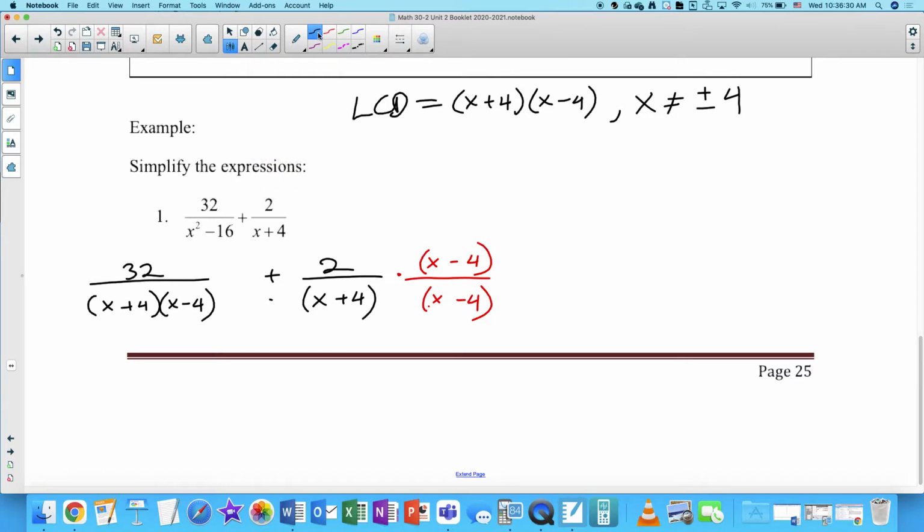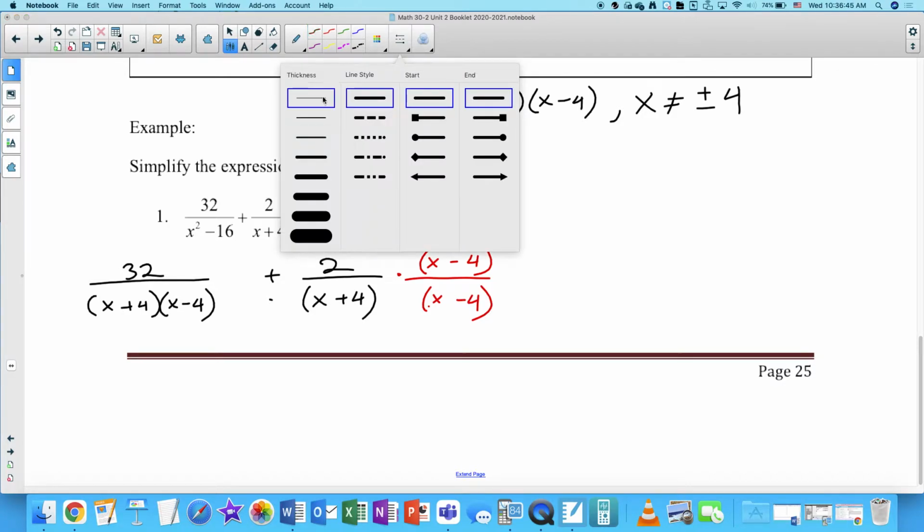Now I can write this as a single expression because the denominators are the same. The only thing, though, is that when you simplify the numerators, you need to expand.